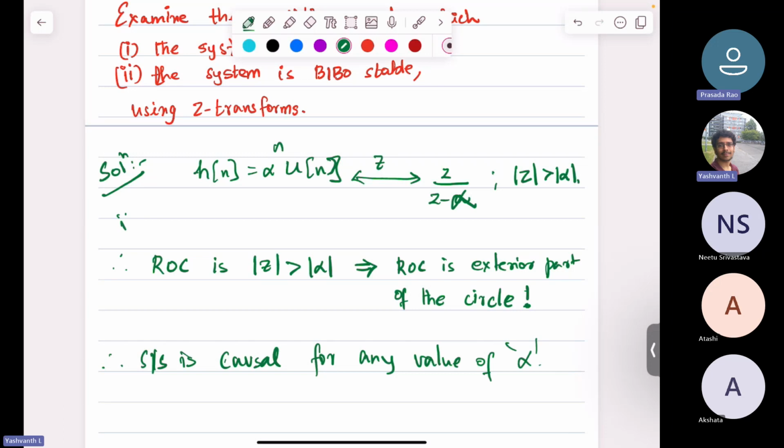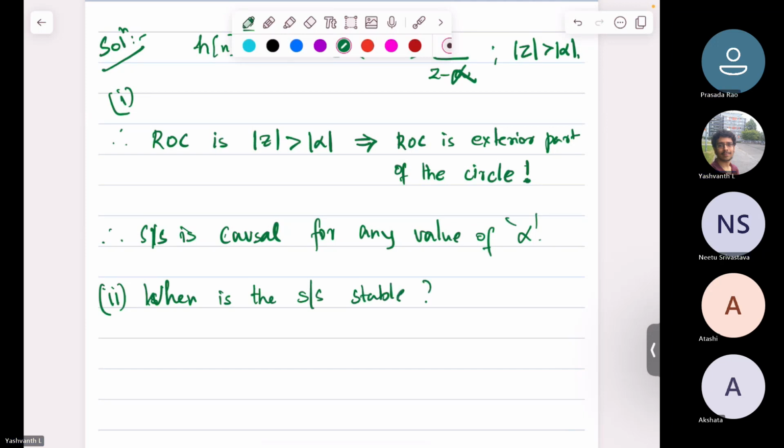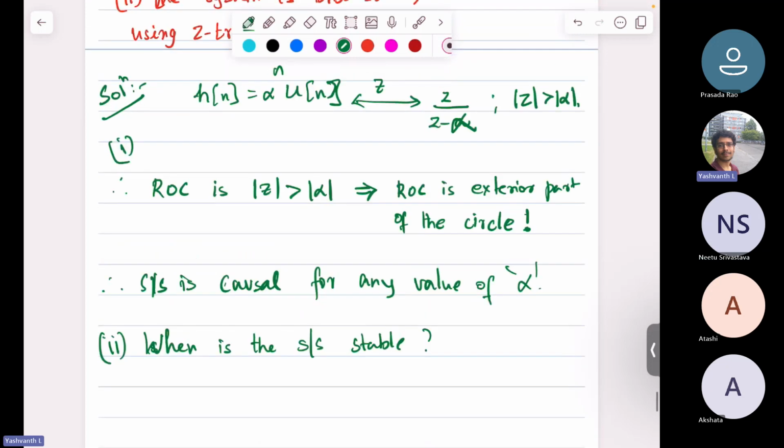Okay. Now, the second question is when is the system stable? When the ROC contains the unit circle. Correct. Now, the ROC should contain the unit circle. But I know that the ROC of this h of n is mod z greater than alpha.